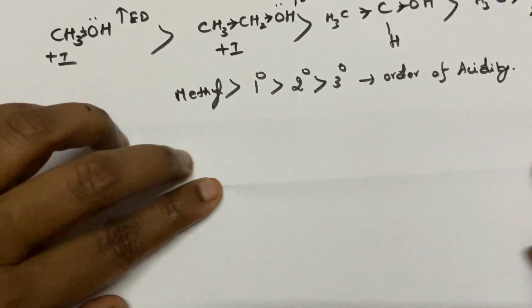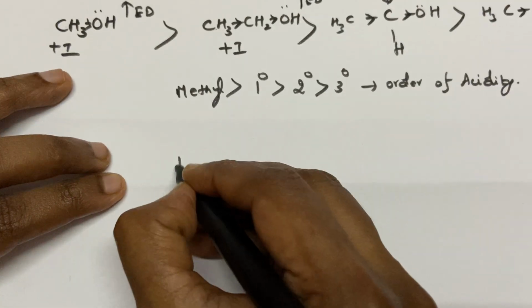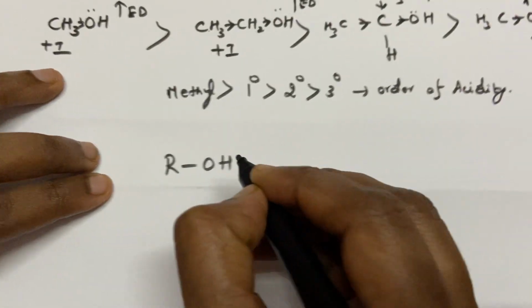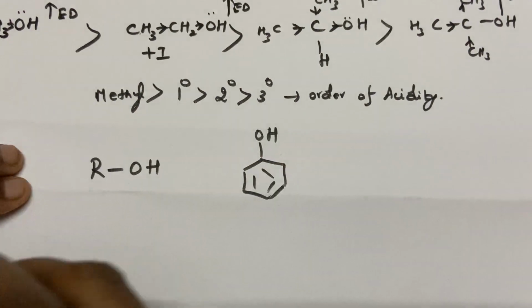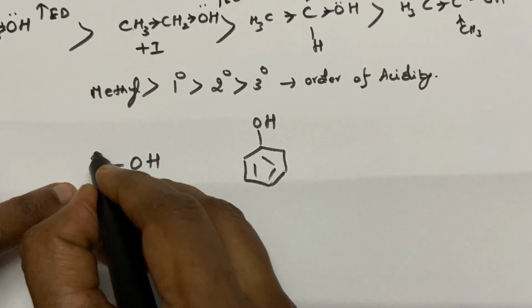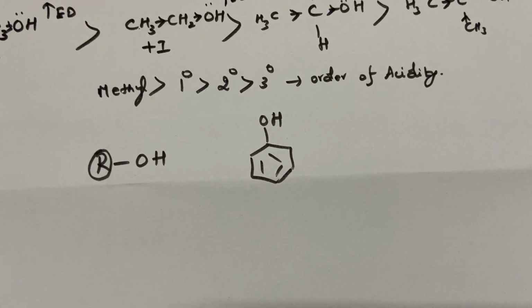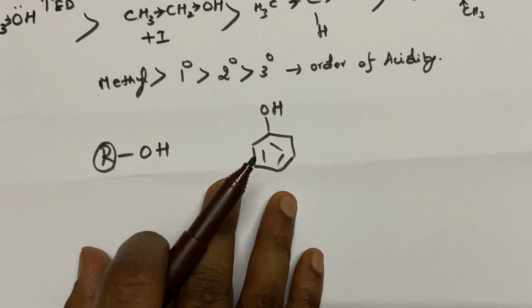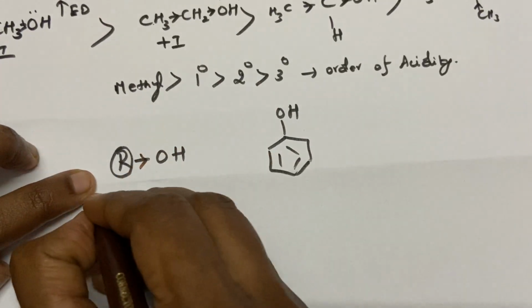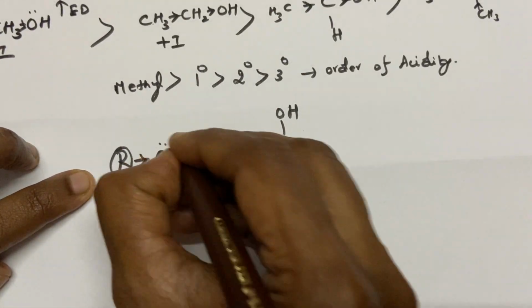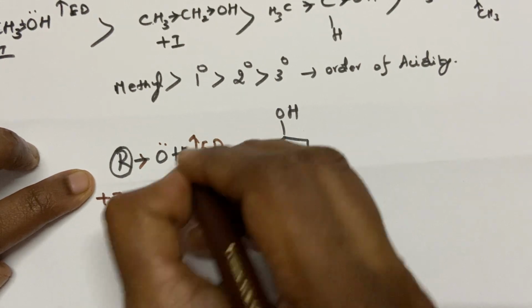So when compared to the alcohols and phenols, which is more acidic? Here the R group, so initially we need to recognize what kind of electronic effect it will show. It is going to show plus I effect, so the electron density is going to increase.